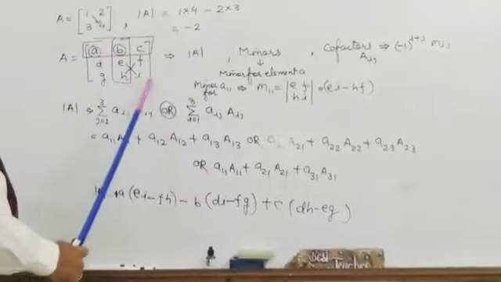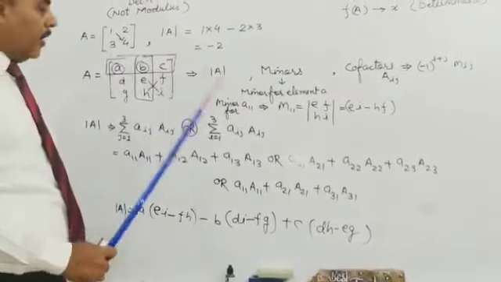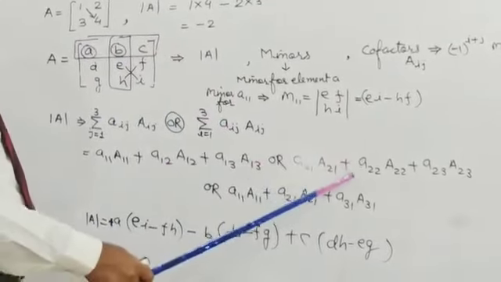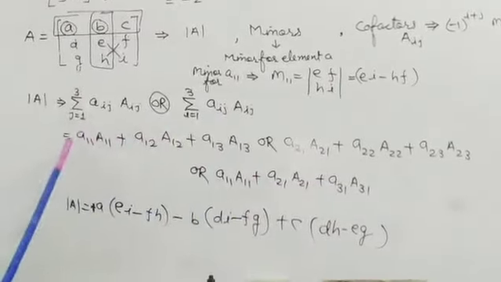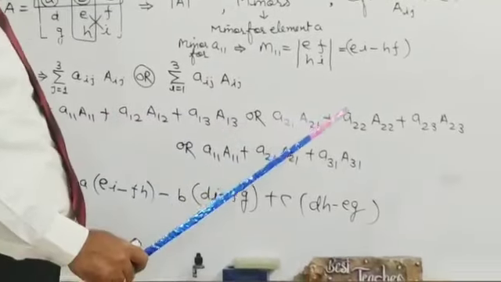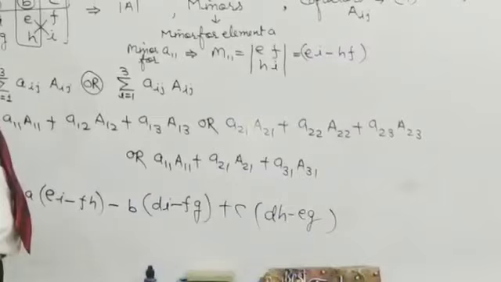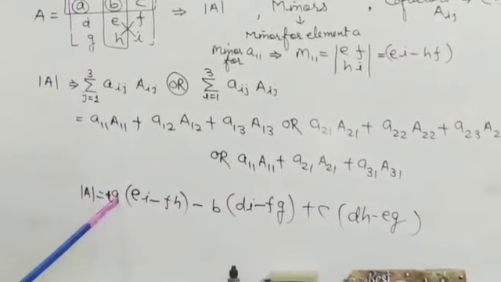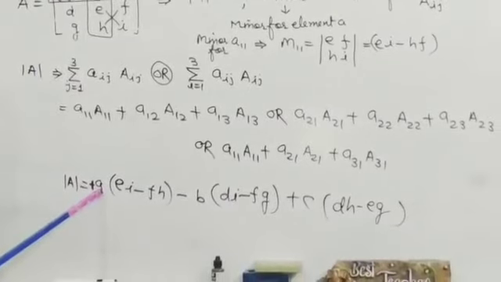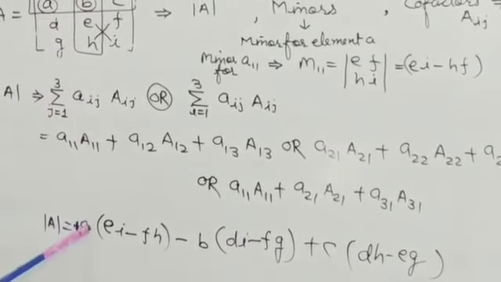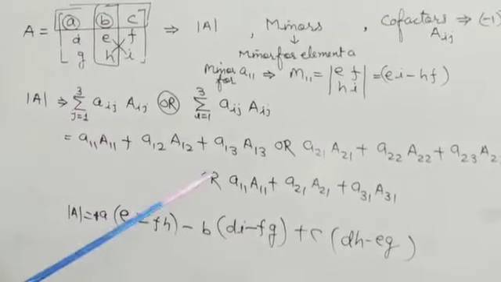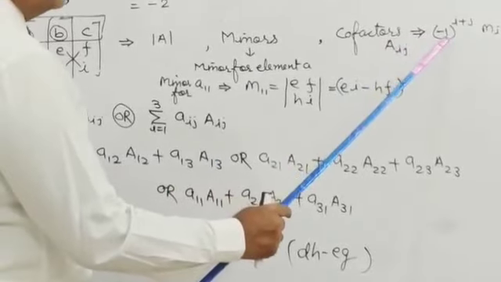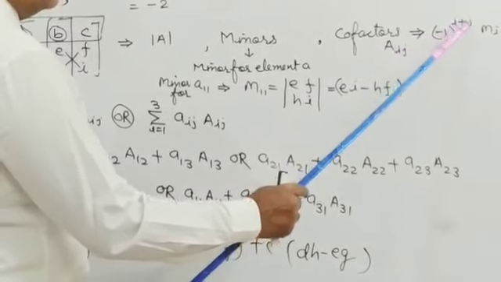Now we are finding the value of this 3 cross 3 determinant by using any of these expressions. Either we can use the first row or second row or first column, second column, any. So I am expanding it by the first row. First I have to write element number 1, that is A, then apply the sign according to the cofactor, -1 to the power 1 plus 1.